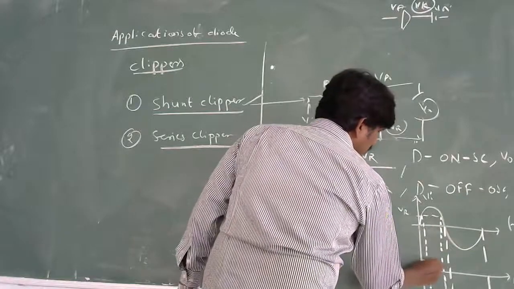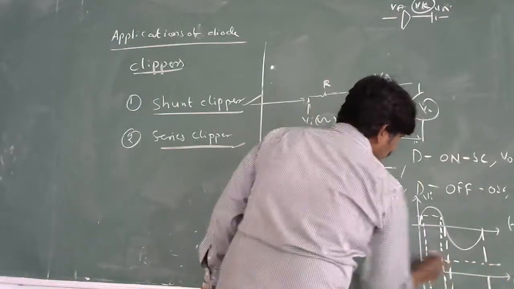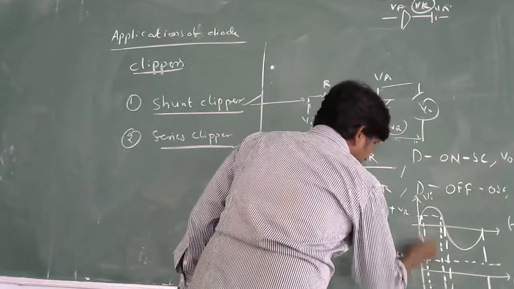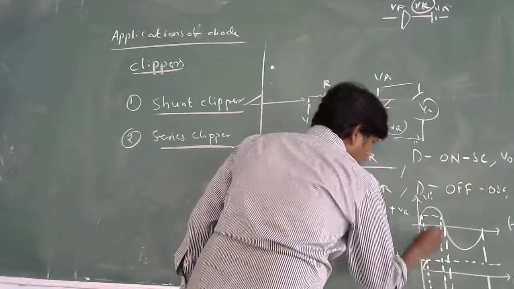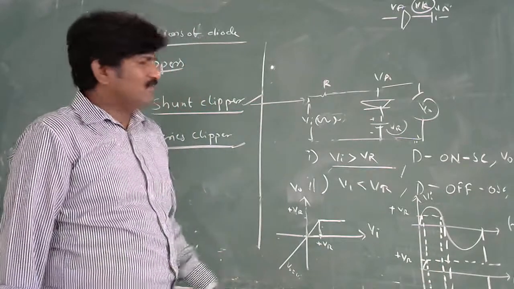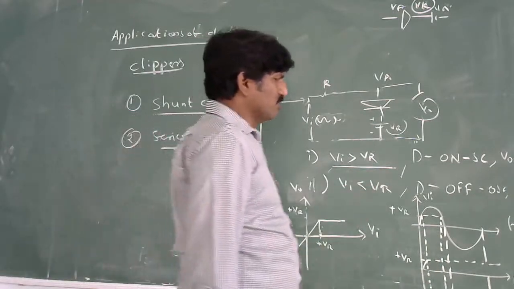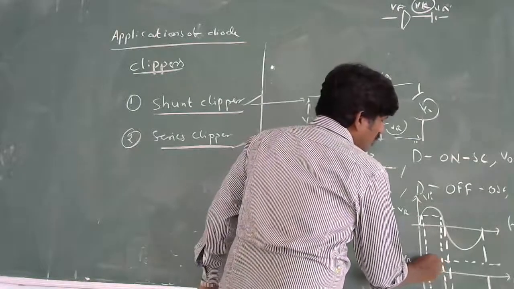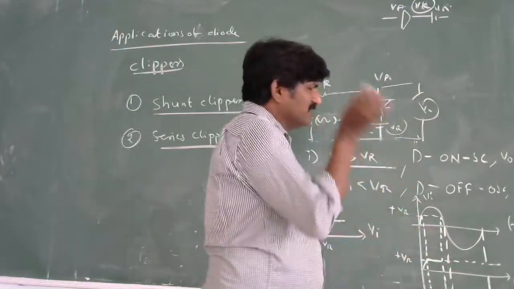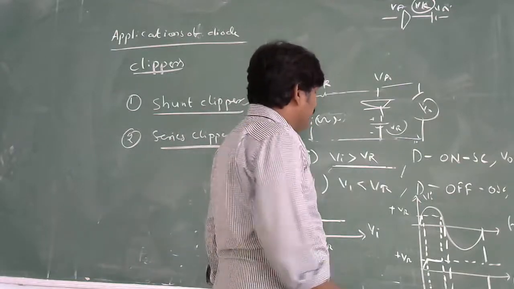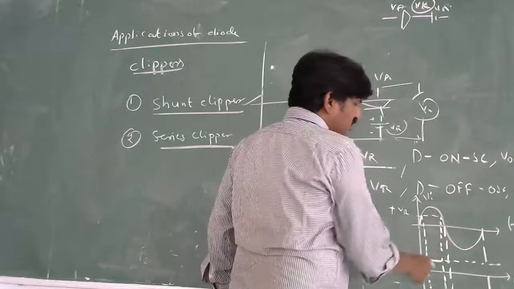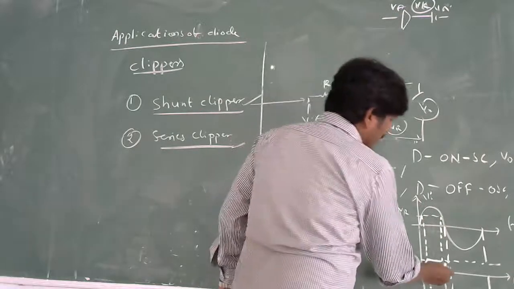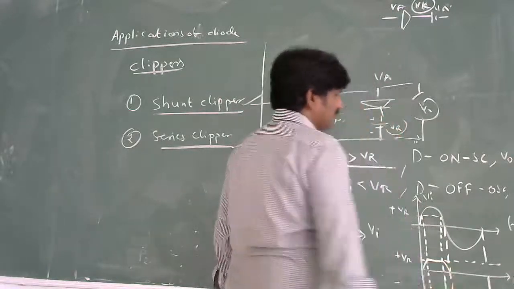Let me consider this VR here also. Before this VR, the output follows the input, because the input voltage is less than the reference voltage. When the input voltage is greater than the reference voltage, the output maintains the reference voltage. Then once you cross this reference voltage, Vi is again less than VR, so the output follows the input.